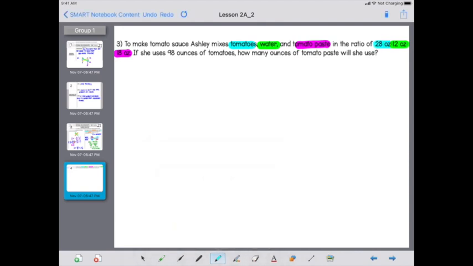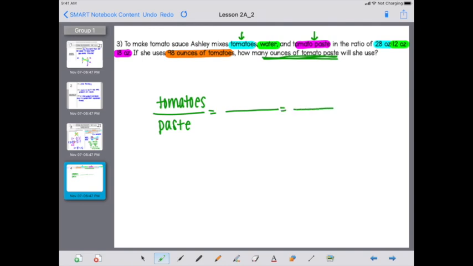Okay, so they're saying that she's using 98 ounces of tomatoes and you want to figure out how many ounces of tomato paste. So we're focused on tomatoes and tomato paste. So let's do tomatoes to paste. Set up my fraction. So I have tomatoes is 28, paste is 18. Tomatoes, we're using 98 ounces, and we want to figure out how many ounces of tomato paste she's going to use.